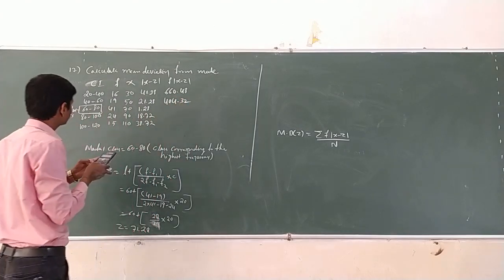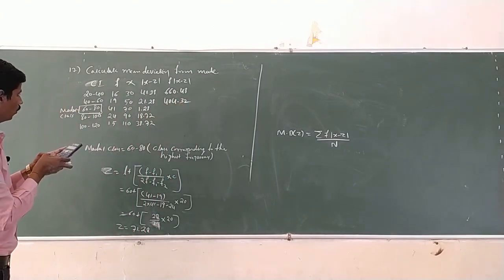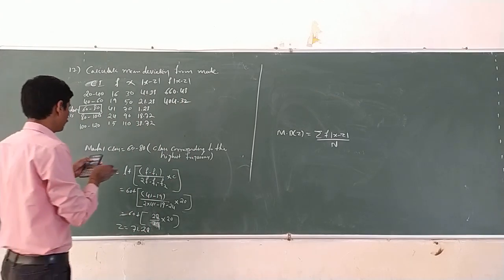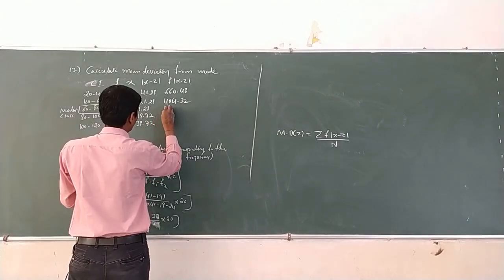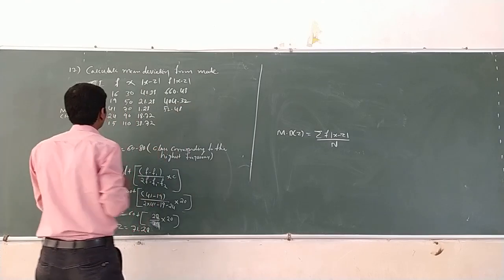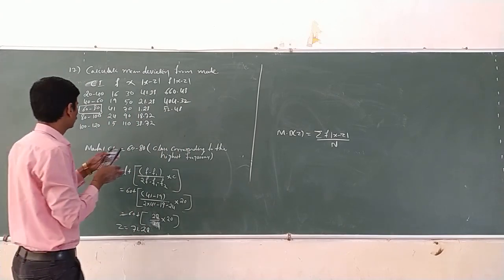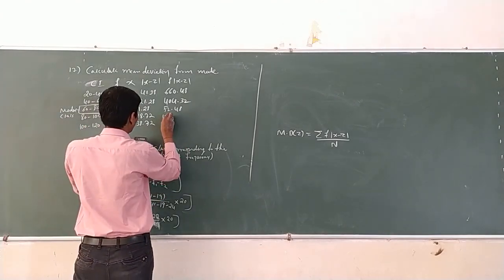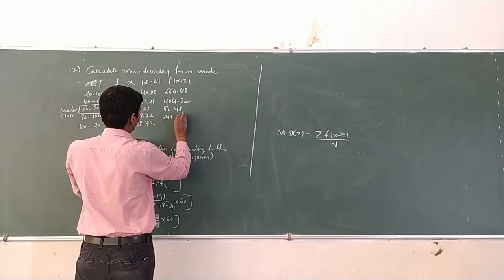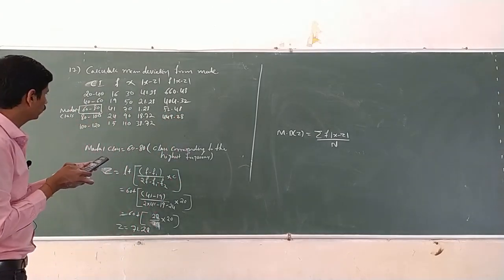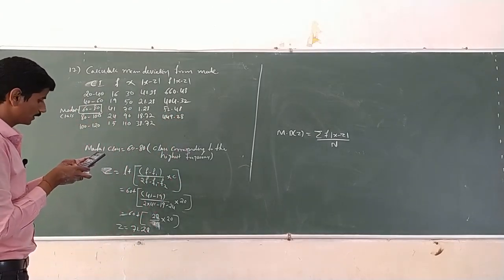The next, 41 into 1.28 is 52.48. The next, 24 into 18.72 is 449.28. The next, 15 into 38.72 is 580.08.